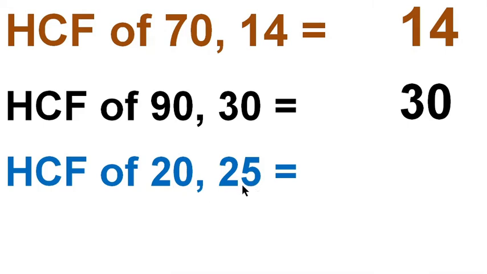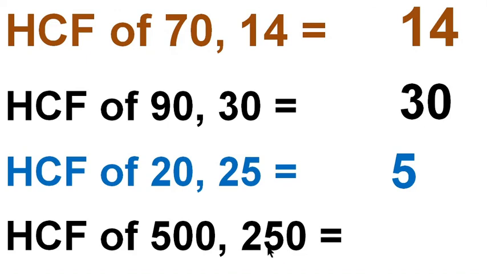Here 20 and 25, the smaller is 20 but 25 is not divisible by 20, so we will take a number smaller than 20. If we take 10, 25 is not divisible by 10. If we take 5, 25 is divisible by 5 and 20 is also divisible by 5, so our highest common factor will be 5.